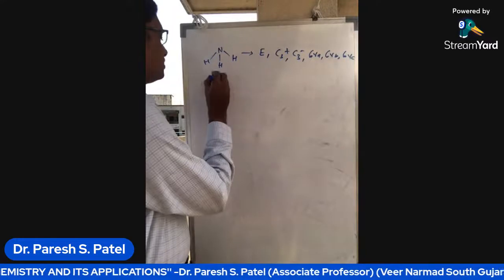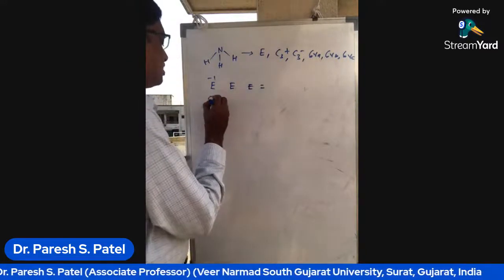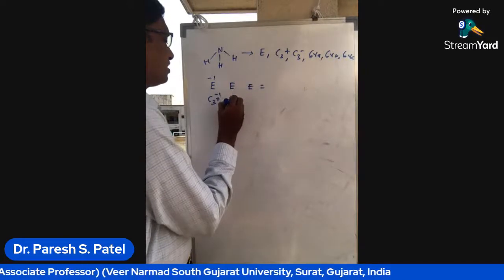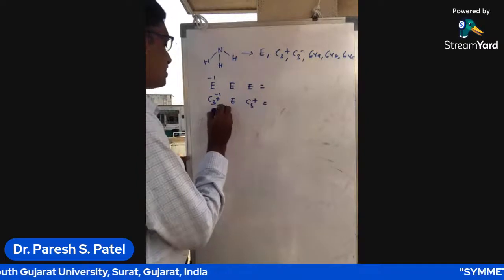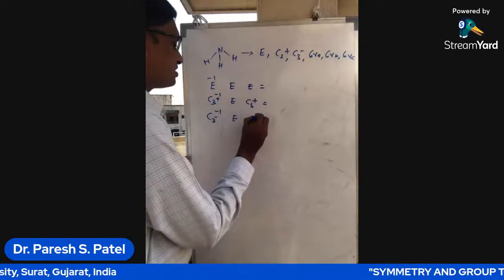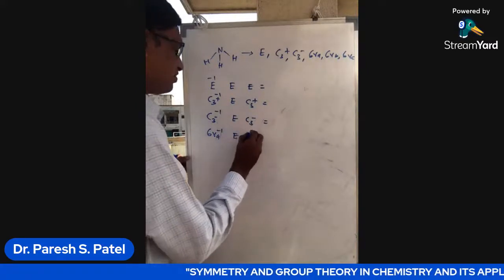E inverse E E. C3 plus inverse E C3 plus is equal to C3 minus inverse E C3 minus. Sigma Va inverse E sigma Va.